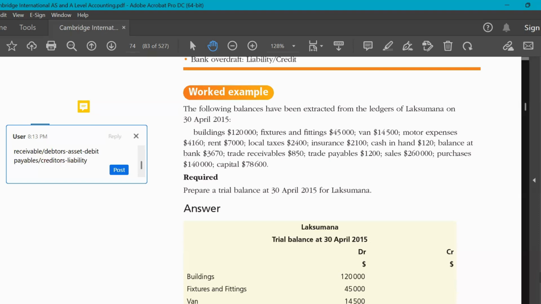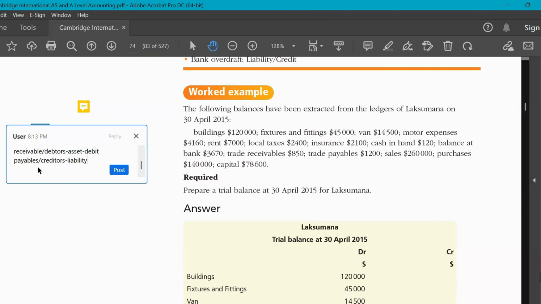So in the accounting world, what you need is to identify some terms. Maybe you will be confused with the terms, so let me repeat. Receivables, also known as debtors, are considered an asset, always on the debit side.